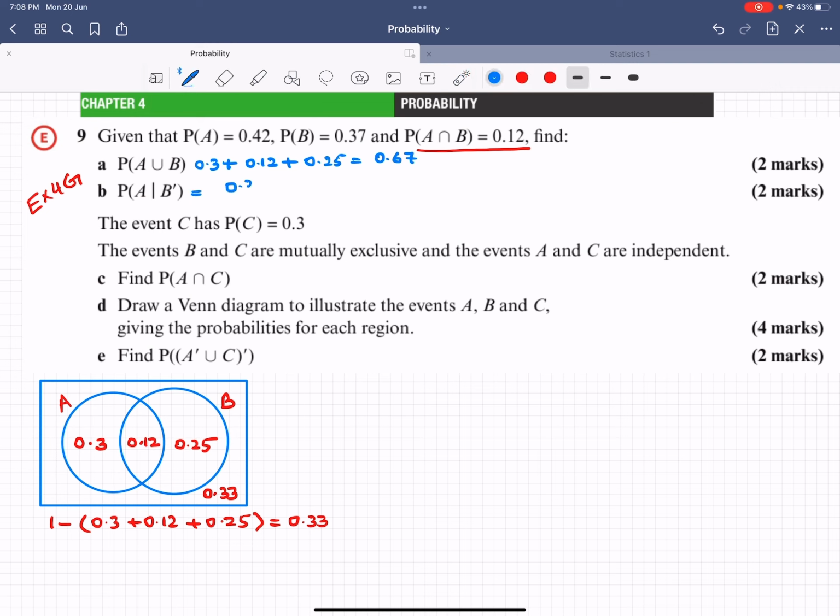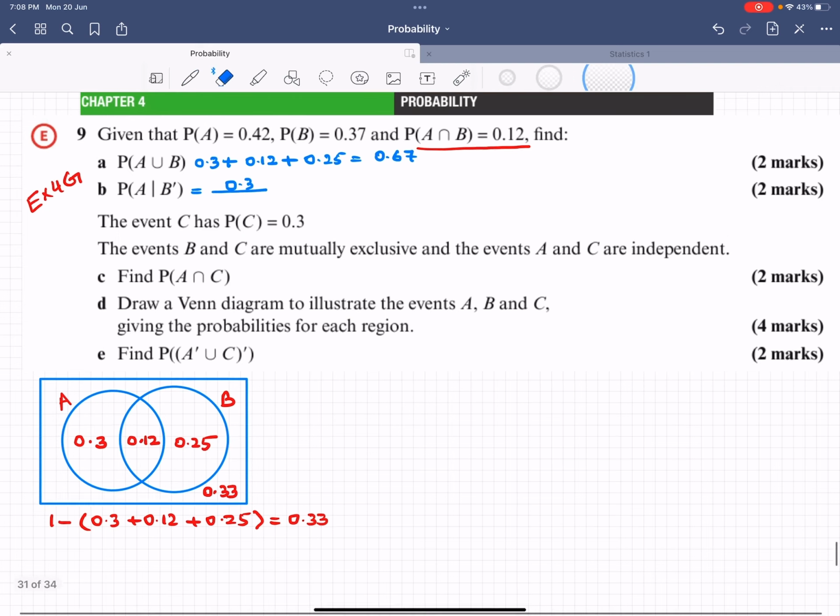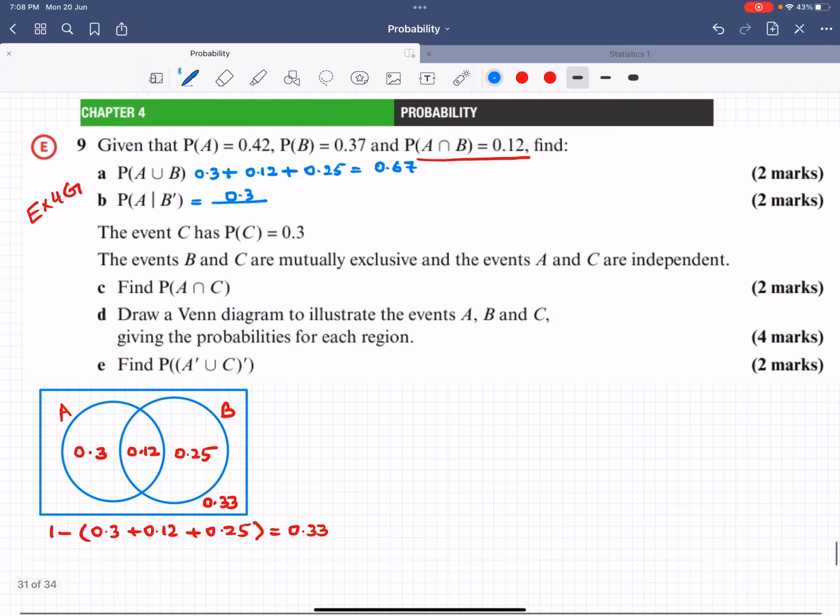So the probability is 0.3 divided by the total probability of B complement, which is 0.3 plus 0.33. And this also can be done by formula.